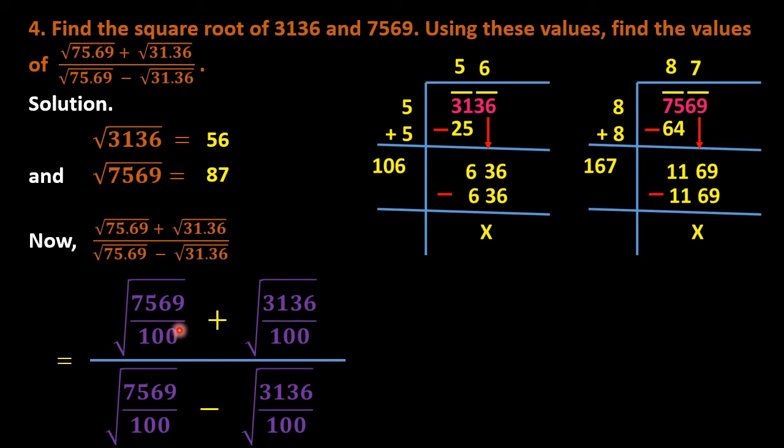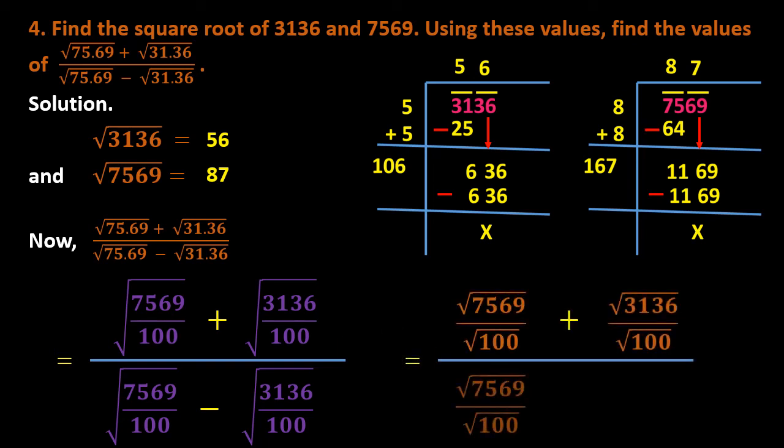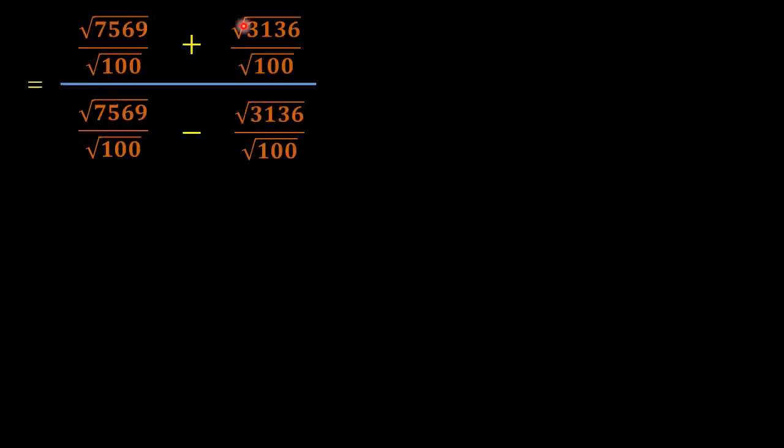Then we have to separately write the square root for numerator and denominator for all the 4 numbers. So in this way, we write the square root separately for numerator and denominator. Now the square roots of these 2 numbers we have already found, 87 and 56, and the square root of 100 is 10.